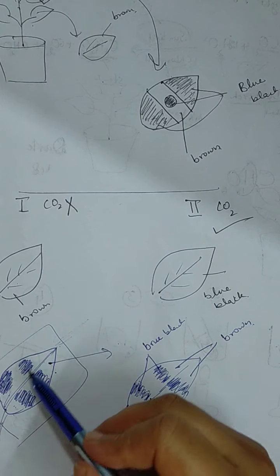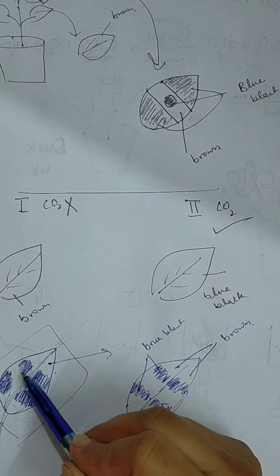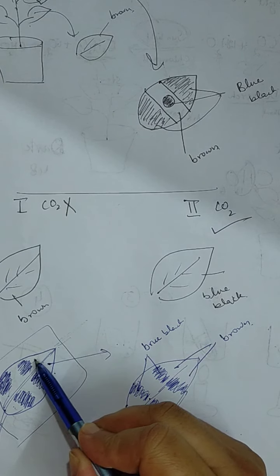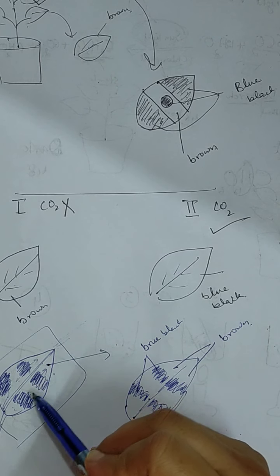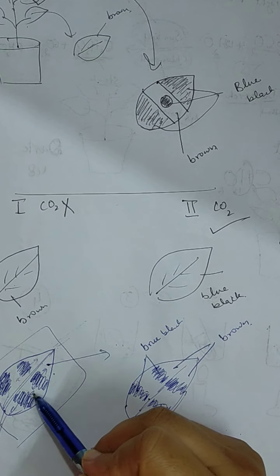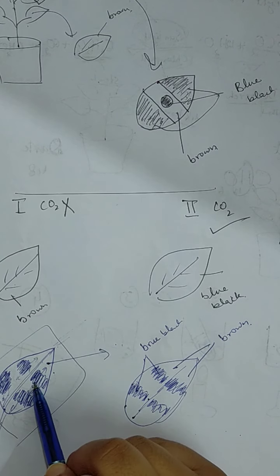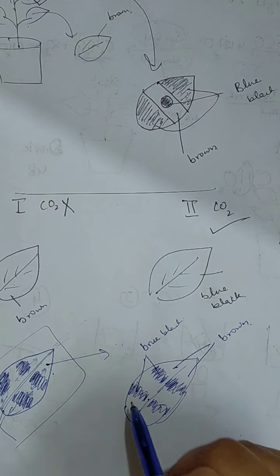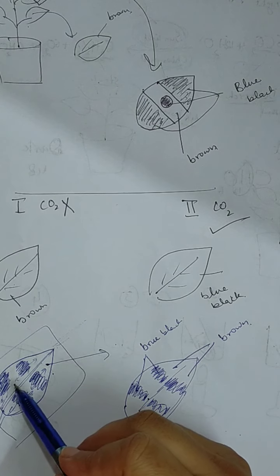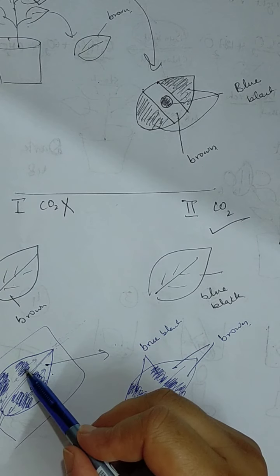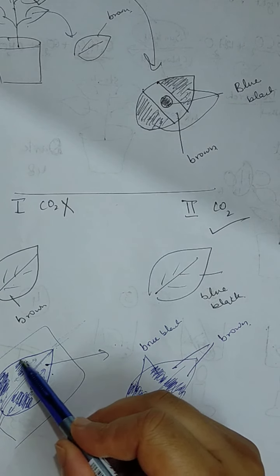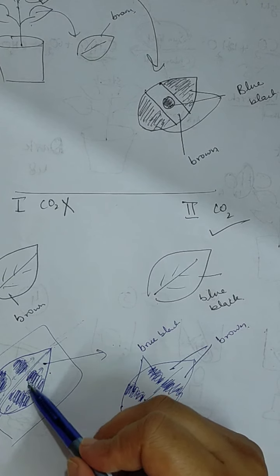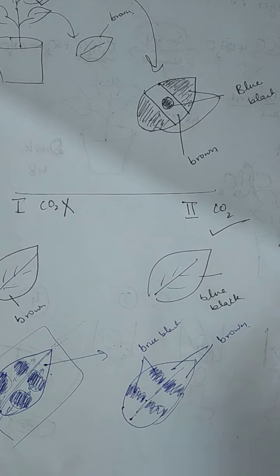Why? Because starch first forms in these green parts, then it diffuses into these other areas, so all these areas will turn blue black. But when we de-starch it and perform this test as I have told you, then in just 5 to 6 hours photosynthesis will take place only in these areas, and starch will be present only in these areas.